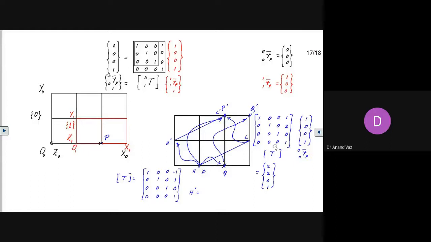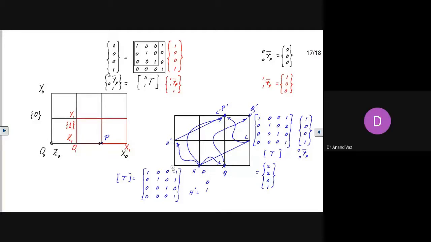You get 1 minus 1, that is 0. So you can see the x coordinate of H dash is 0. Then you'll get here 0 plus 0 plus 0 plus 1. So here you will get 1.